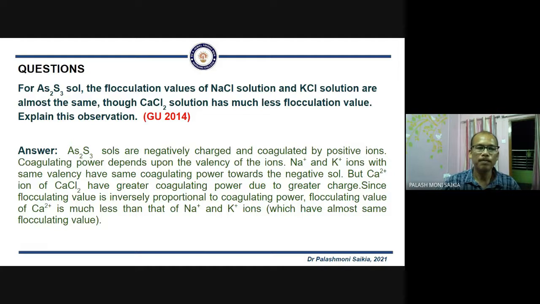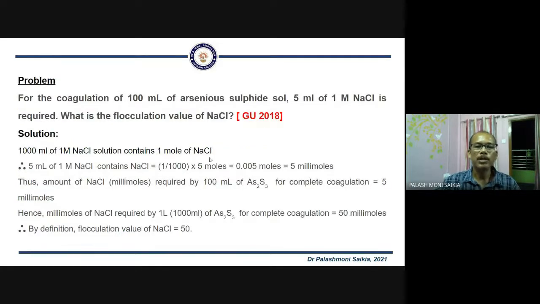That is the concept. There is another that was asked in 2018. For coagulation of 100 ml of arsenous sulfide sol, 5 ml of 1M NaCl is required. What is the flocculating value of NaCl? For 1000 ml of 1M NaCl we need 1 mole, that is our mole concept. So for 5 ml of 1M NaCl, we need 0.005 moles, that is 5 millimoles.